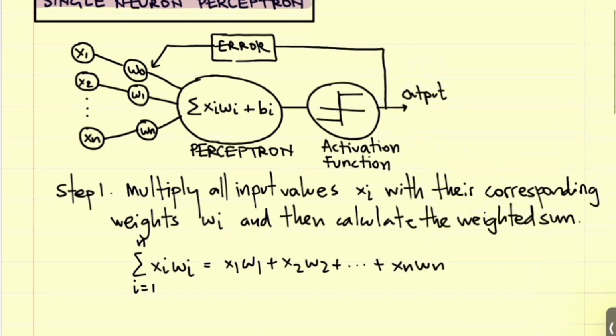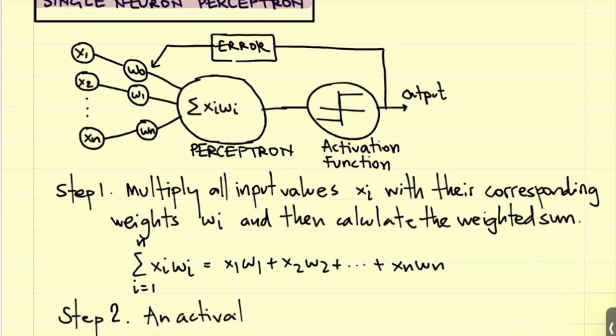So step two, an activation function. I guess the bias comes later, so I will just put here what the perceptron does.